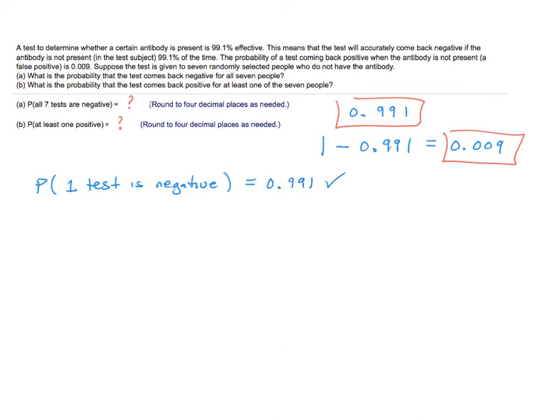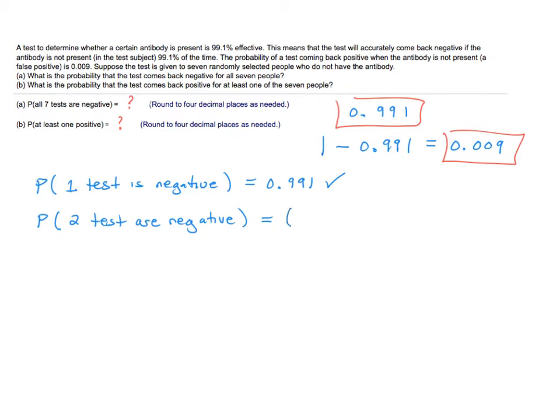Before getting to what part A is asking for, what if it was the probability that 2 tests are negative? Like, let's say we only had 2 people. Now this is where you have to use that multiplication rule. What you would do is take this probability and multiply it to itself.